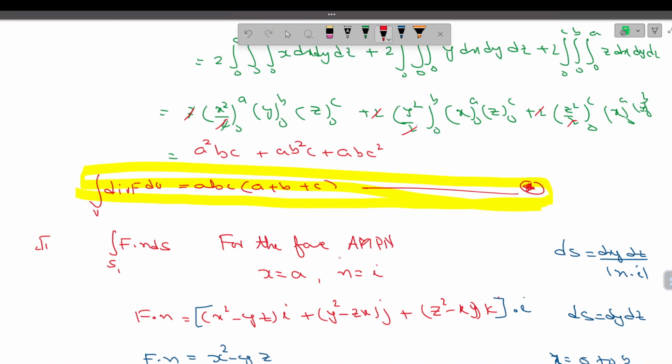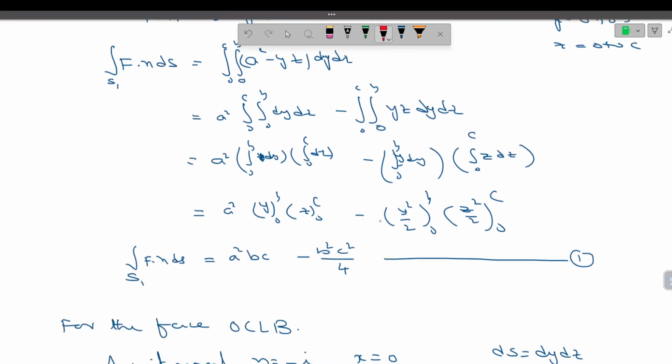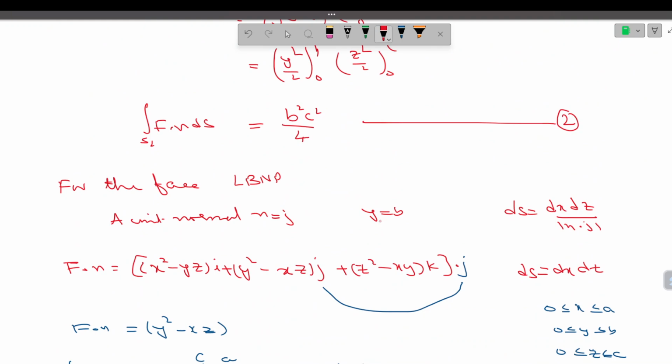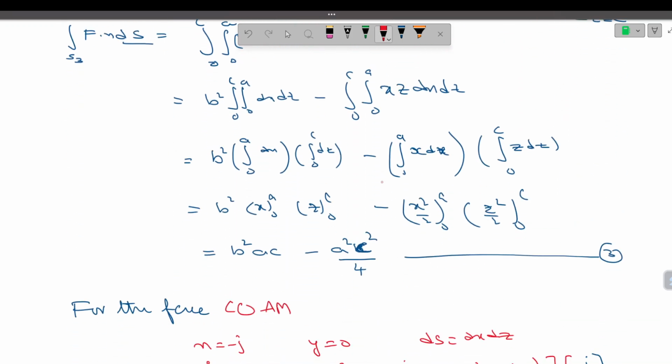Now for the surface integral, you have to do 6 faces. For the first face, x equal to a, n equal to i. For face 2, x will be 0, n equal to minus i. With that we take the dot product and integrate. For face 3, on the y-axis, y equal to b, n equal to j, put ds and simplify.